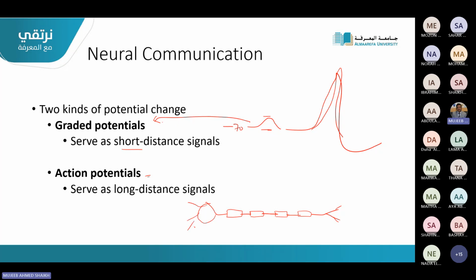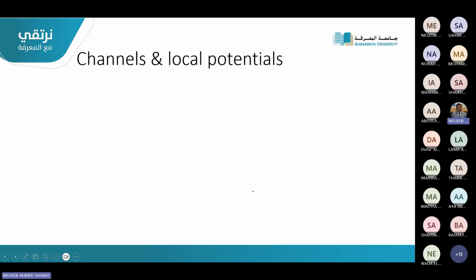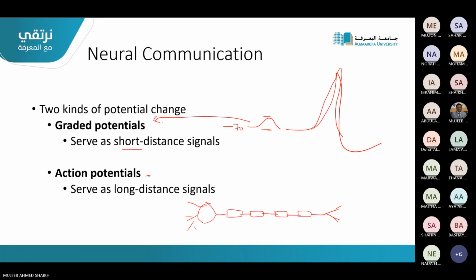If the potential change occurs, it will go from node to node, here, here, here, and then go to the next neuron also. It is traveling a long distance. This is called action potential.